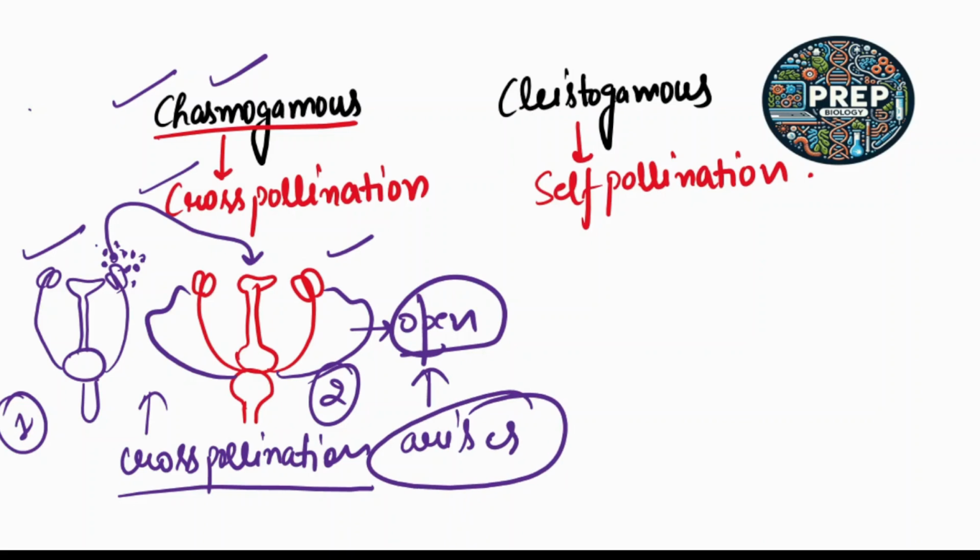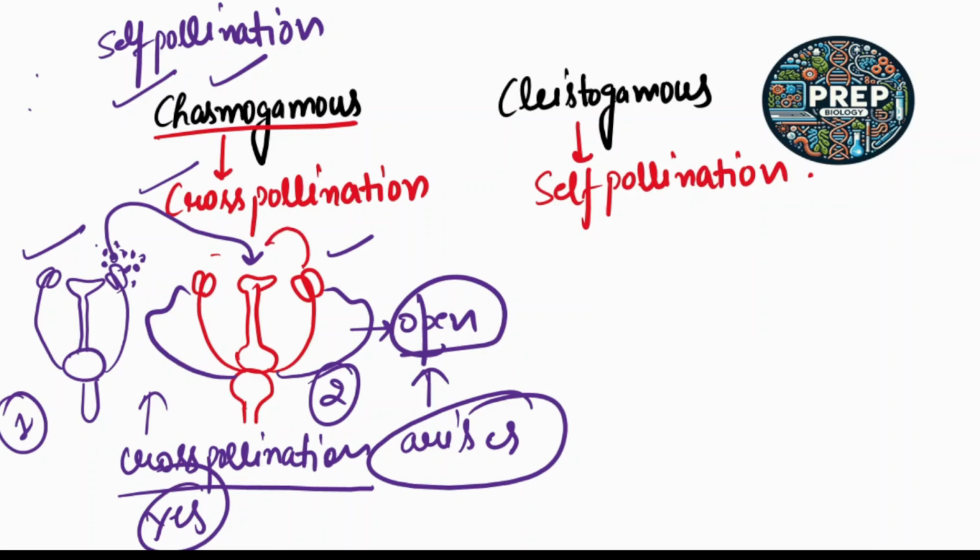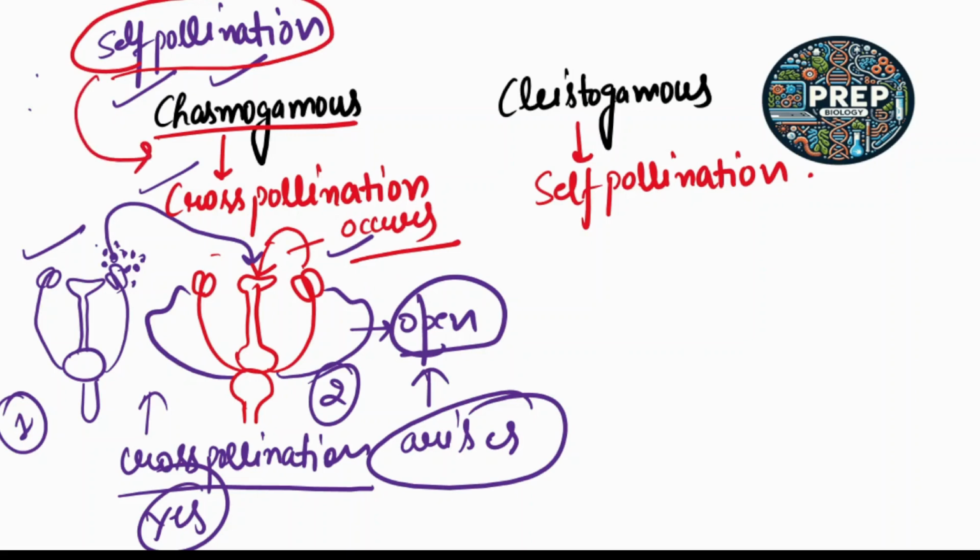If you have a question whether self pollination occurs in chasmogamous flower, then your answer is yes. Why yes? Because self pollination is very easy. Both male and female parts are present in a single flower, so the transfer of the pollen from anther to the stigma in the same flower occurs. So self pollination also occurs in the chasmogamous flower. Is it clear to you all?